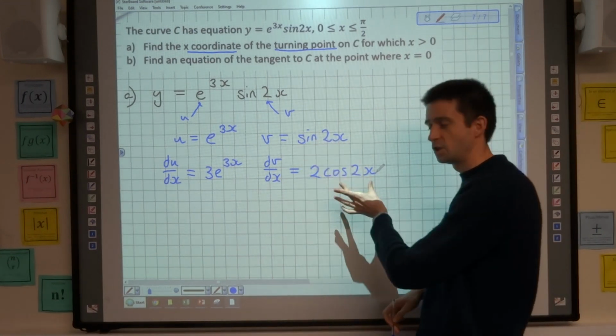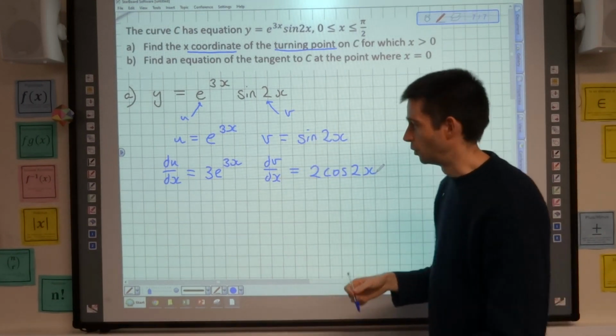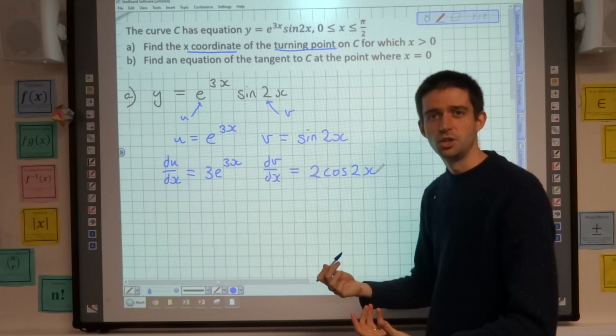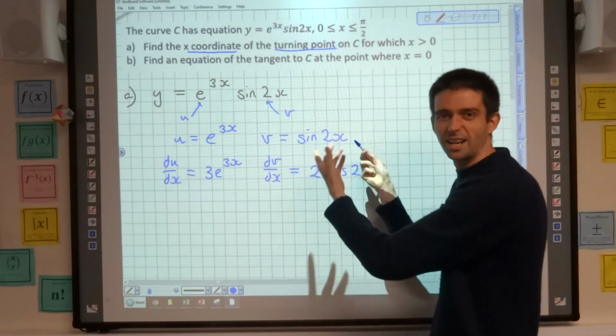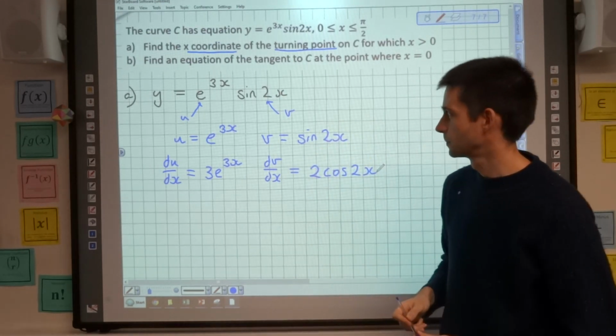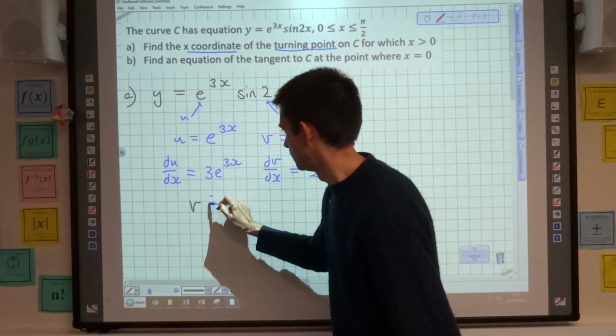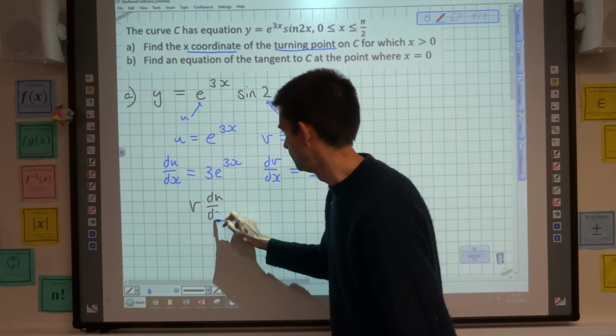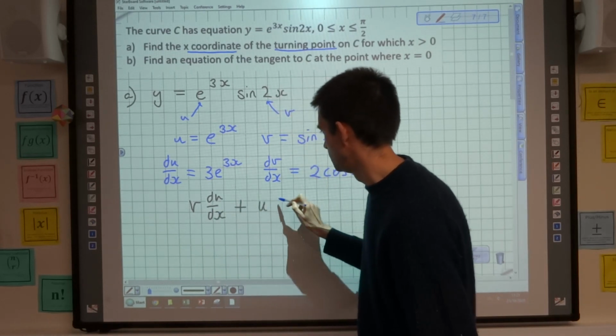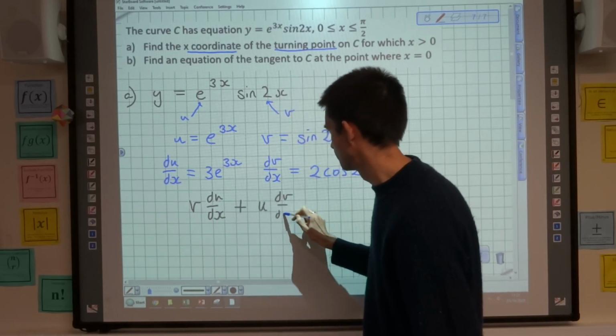That's because sine differentiates to cos. Using the chain rule, multiply by the differentiated bracket, if you like. So 2 cos 2x. Right, the product rule then is that dy dx is equal to v du dx plus u dv dx.